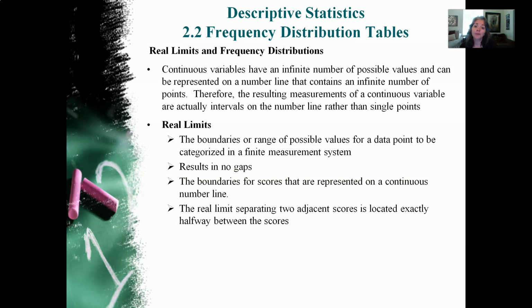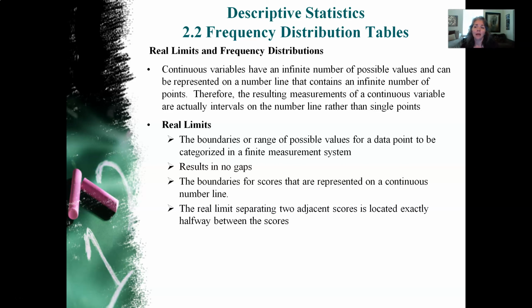So let's talk about real limits. Real limits can be confusing for people, but it really applies for continuous variables. Like money, we can break it down. You don't just have $5, you may have $5.52, right? We can break it down into an infinite number of possible values.